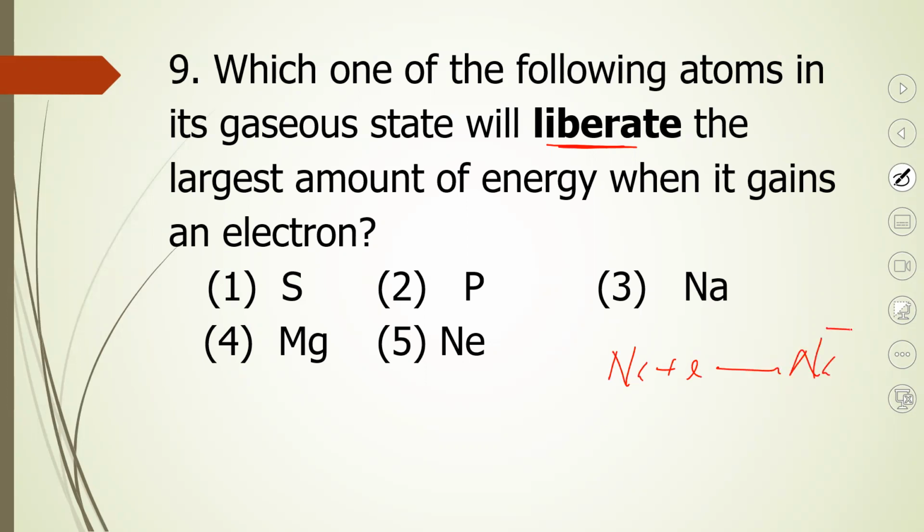But that process, sometimes it will absorb, sometimes it will liberate, meaning emit to the surroundings. Here they ask liberation, meaning exothermic reaction. So we have to separate endothermic and exothermic. These are the two types of things shown by the elements.